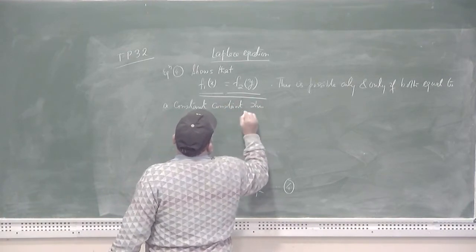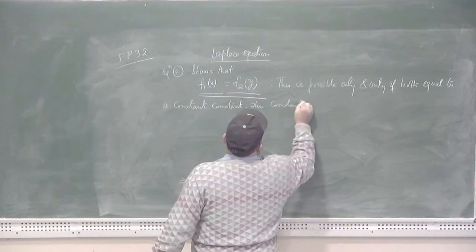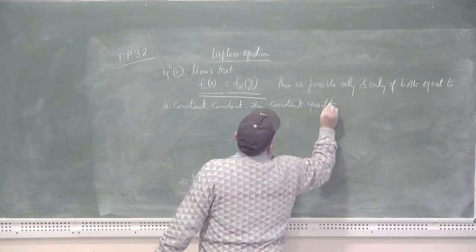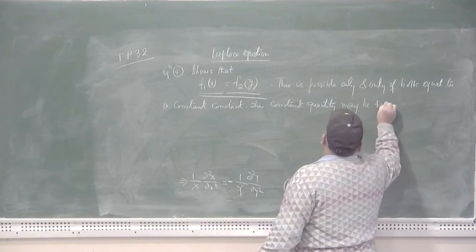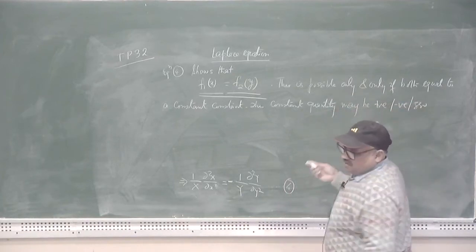This constant quantity may be positive or negative or zero, maybe.